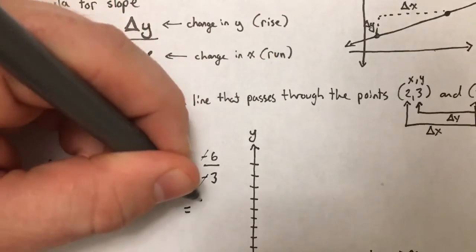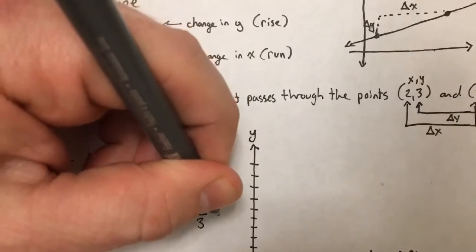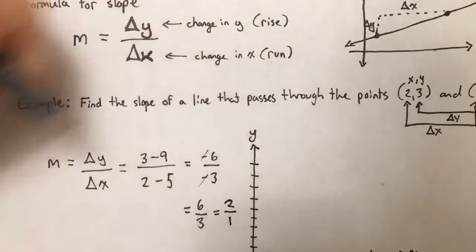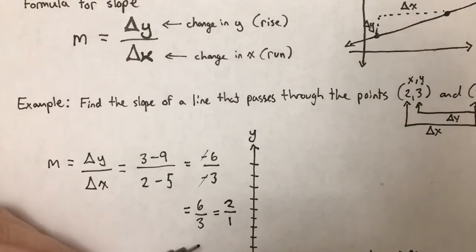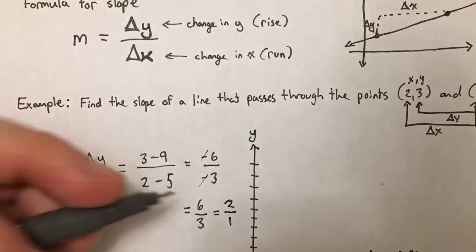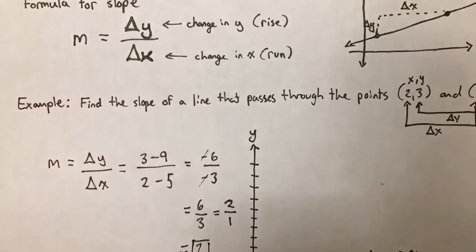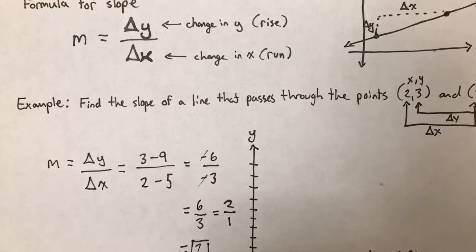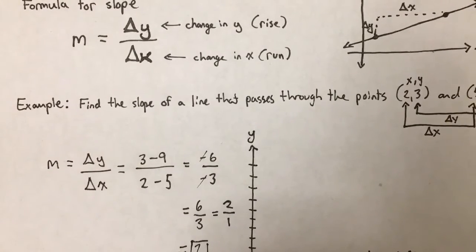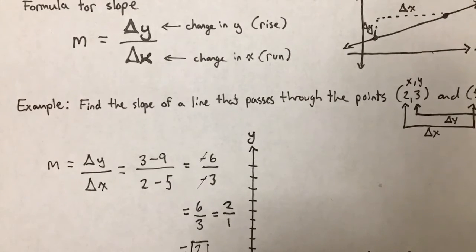So we end up with the ratio positive 6 over 3, which reduces down to 2 over 1. Now, we can either leave our slope as a unit ratio, or we can write it as the whole number 2. Just know that if you see a whole number as a slope, it's always referring to a 2 to 1 relationship, or whatever this whole number would be. So that's how we calculate slope.